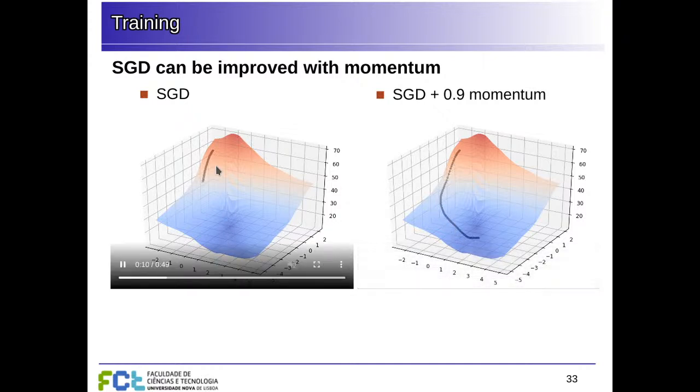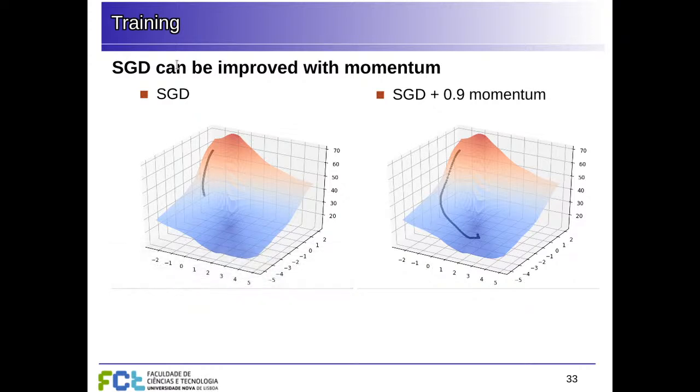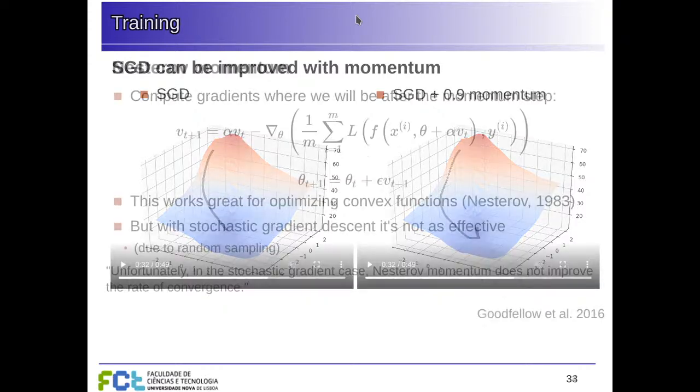If we just use stochastic gradient descent, we take a long time because we're always taking small steps, whereas with momentum we keep accelerating and taking advantage of the fact that we are always moving in the same direction. So typically using momentum can be of very great help in training neural networks. It makes things a lot faster.